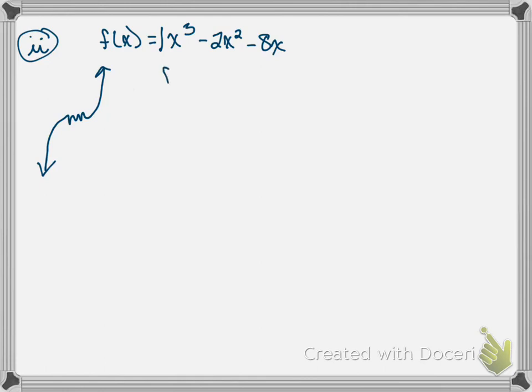So we're going to go ahead and factor this to find our intercepts, our x-intercepts or our solutions. We have a GCF here of x, so I'm going to have x times (x squared minus 2x minus 8). Then we need to go ahead and factor again.